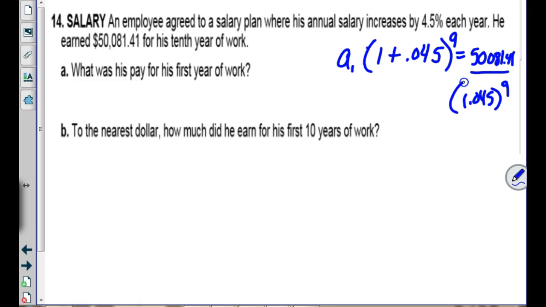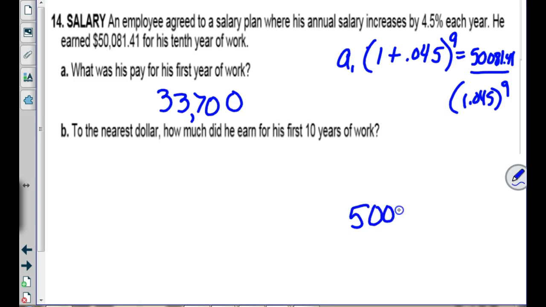50,081.41 divided by 1.045 to the 9 raises. So his original salary was about, anybody get that nicely with 0.00 and then a couple little scrabblers behind that? No?